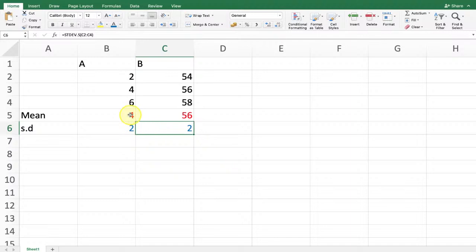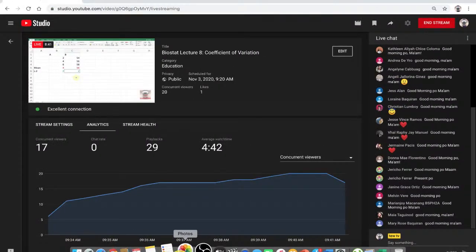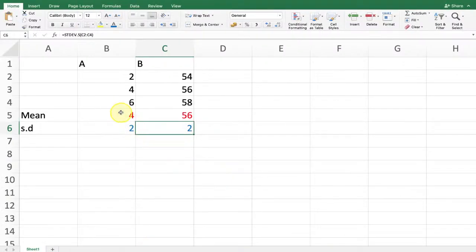Let's compare and contrast the two. The mean of dataset A is 4 while the mean of dataset B is 56. Notice that they have the same standard deviations. But does it really tell about the degree of spread of the values in the dataset?